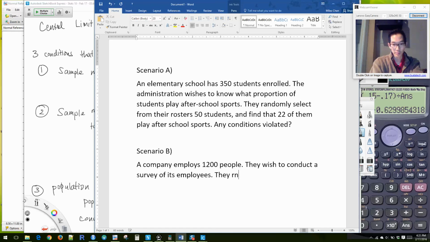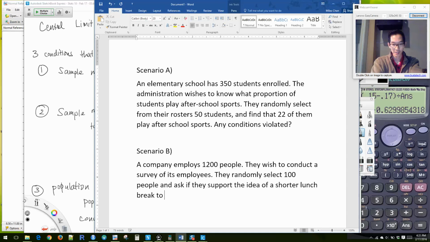They randomly select 100 people and ask if they support the idea of a shorter lunch break to get off work earlier. 8 of the people surveyed said they support the proposition.